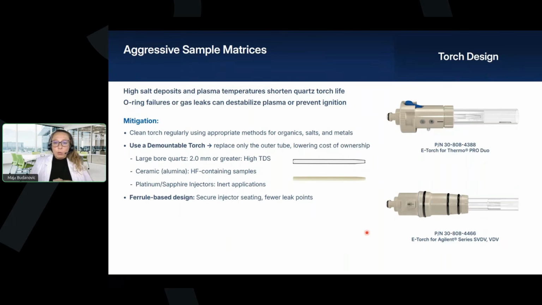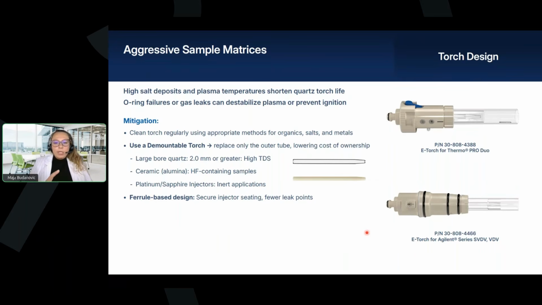Now here, let's look at some of the torch solutions for more challenging sample matrices where the standard quartz torches may experience reduced lifetime. Applications such as soils, wastewaters, high acid digests, organics, and others can create additional stress due to high salt contact or aggressive chemicals or increased plasma loading.